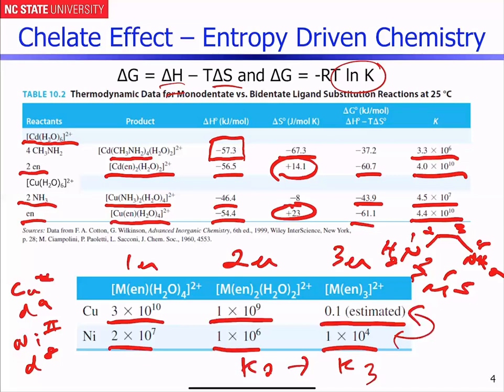And that, again, is going to get explained in a lot more detail later on in the chapter. But I want you to recognize that electronic structure is influencing the chemistry. And that will conclude my brief introduction to metal-ligand bonding thermodynamics. Thank you.